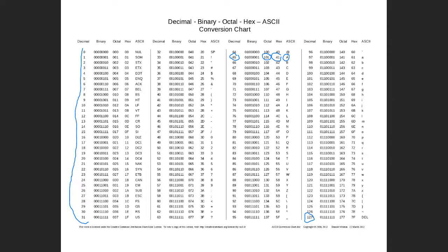But remember, no matter what you have in that program, say you tell it to print decimal number 65, it's going to print an uppercase A. What's actually stored in the machine is this number right here for A. The only thing that digital device can store is binary, machine language. So all the other number systems we talked about, base 10, hex, and octal, those three number systems are just for us as humans.